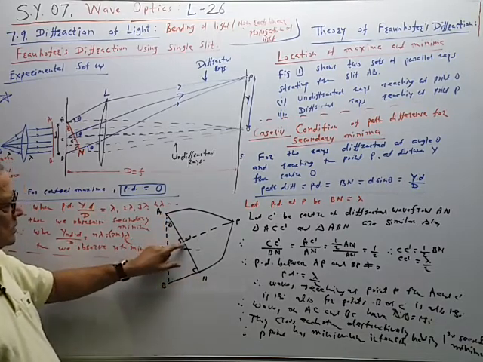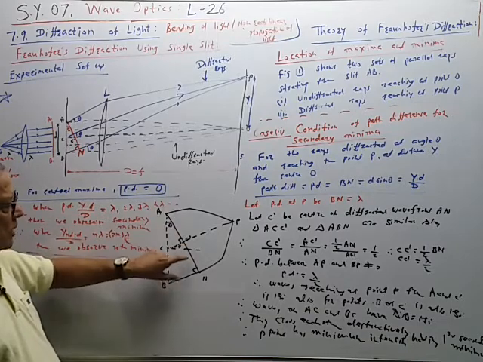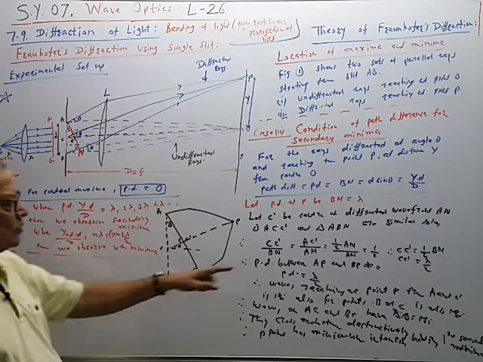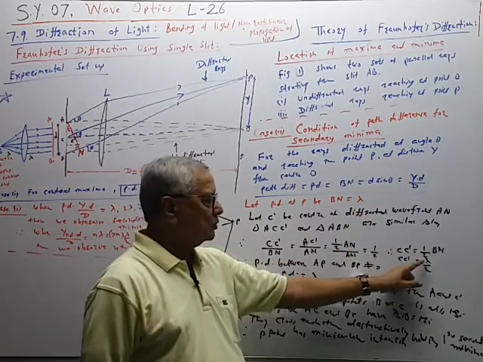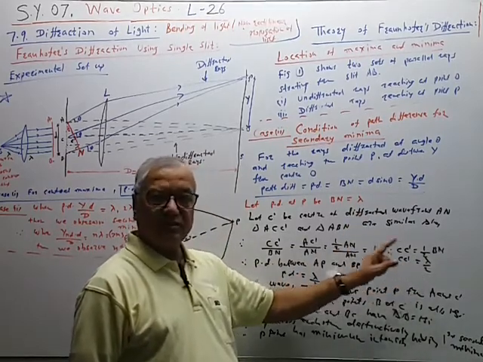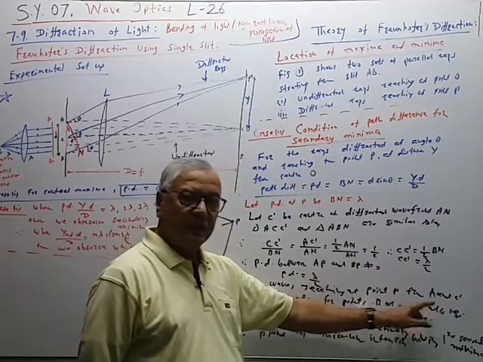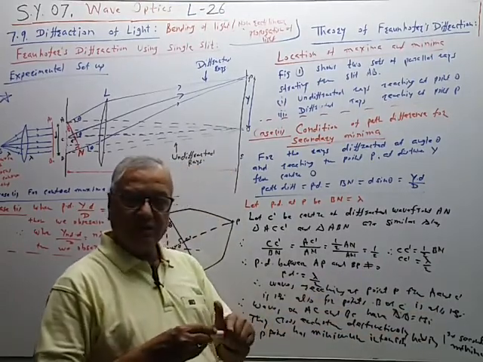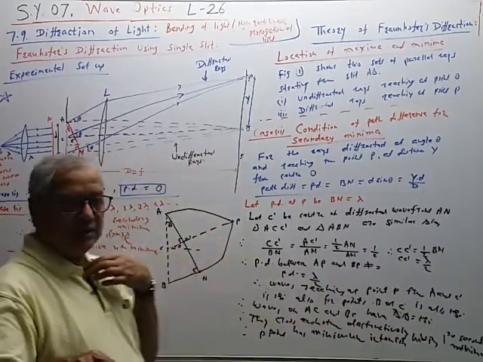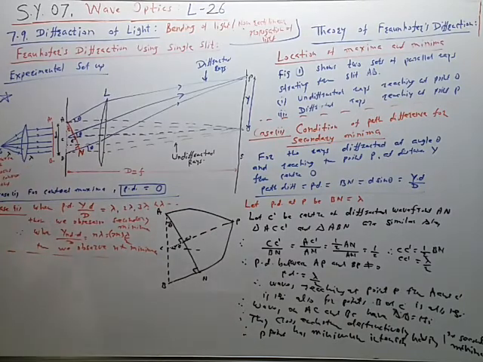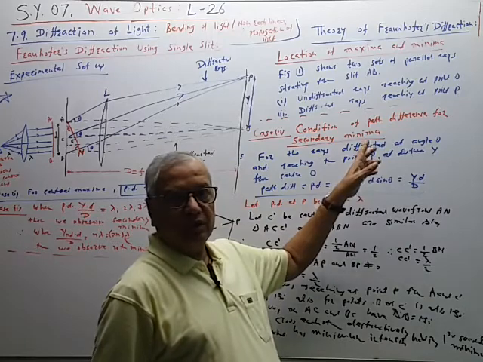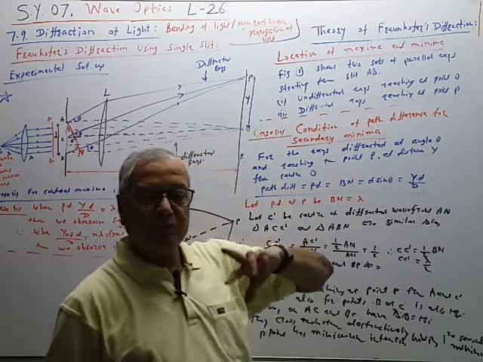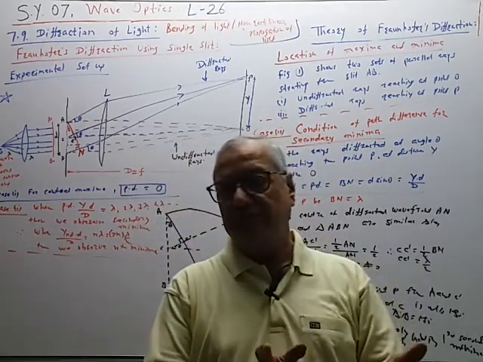So C dash is the midpoint, therefore AC dash is equal to half of AN, and therefore CC dash is equal to half of BN. BN is lambda that we have shown. So lambda by 2 path difference means phase difference is 180 degree, and 180 degree produces destructive interference, minimum intensity like this. So this is the condition of path difference for the secondary minimum. Now we know that between two minima there will be a maximum.